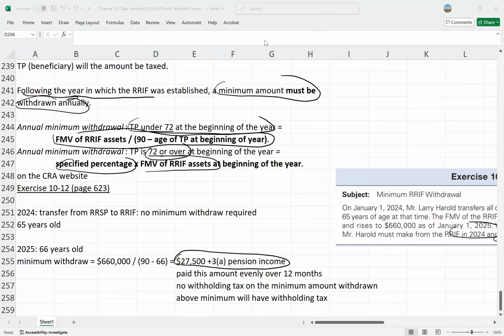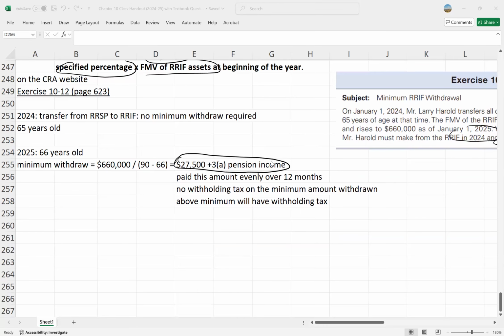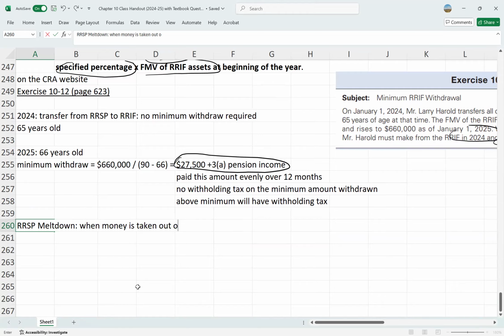So I want to just talk a little bit about taking money out of an RRSP. This is not in the textbook, but for those of you that are maybe pursuing a financial planning career path rather than a CPA, you might have heard this term RRSP meltdown. I don't know if anyone's heard that term, but all they're saying is that when money is taken out of the RRSP, it becomes taxable.